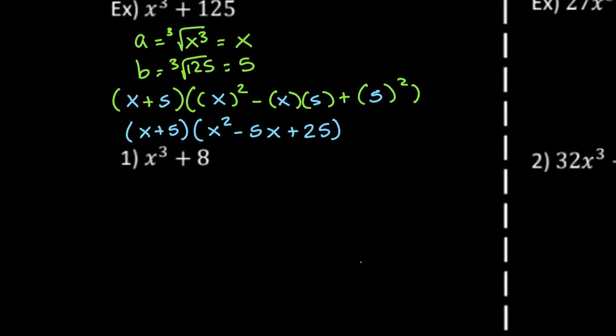Yeah, you would need to check to see if that quadratic there is factorable. Which you would just quickly ask, okay, do two numbers multiply to get 25 but add to get negative 5? No, I can't think of any. So because x squared minus 5x plus 25 isn't factorable, this is the simplest factored form. And we're done.